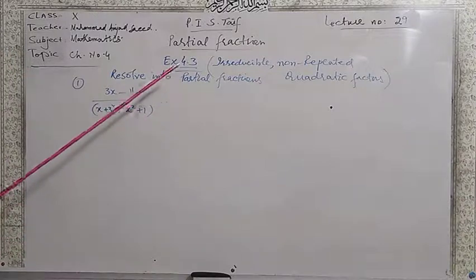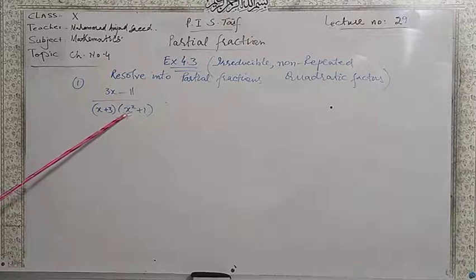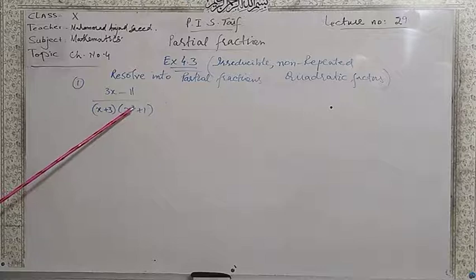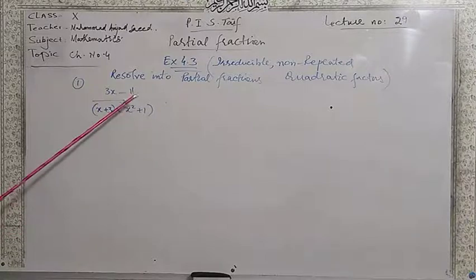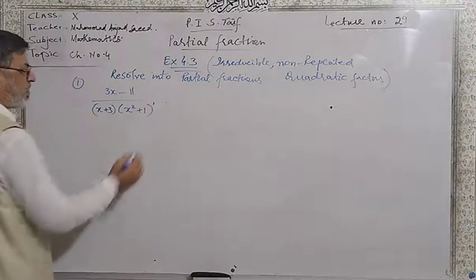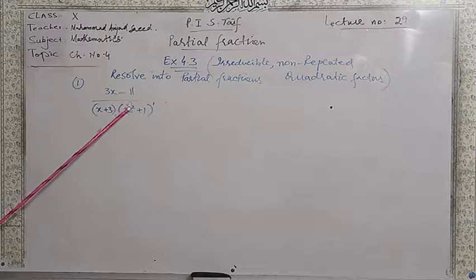Remember that this is irreducible. It cannot be further simplified. You cannot apply here any formula to convert it into linear factors. So this is a non-repeated linear factor, meaning the power on the bracket is 1, and a quadratic factor, meaning the degree is 2.